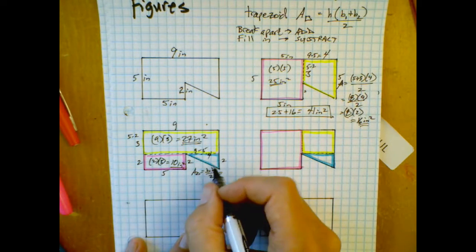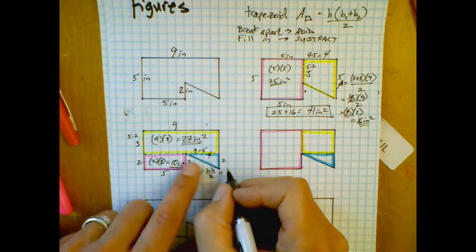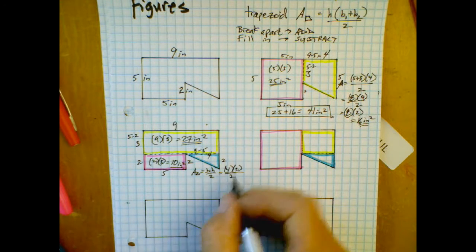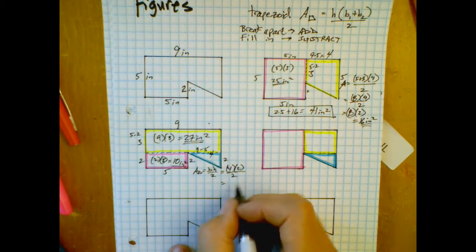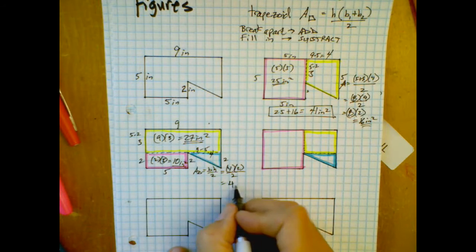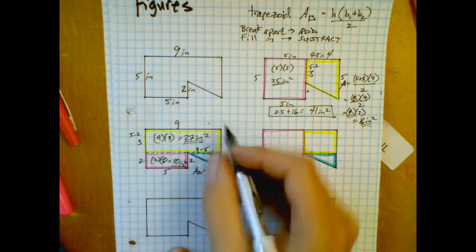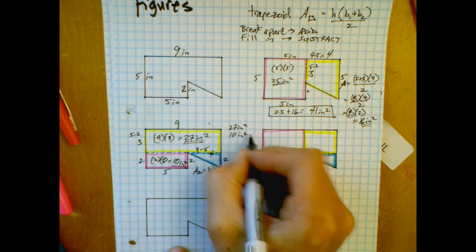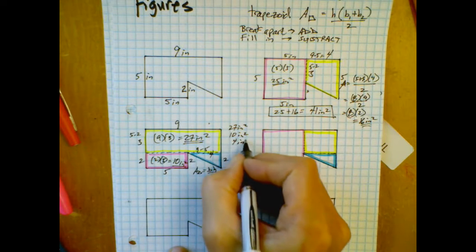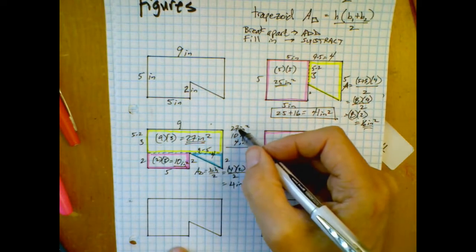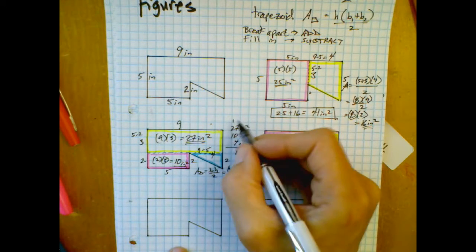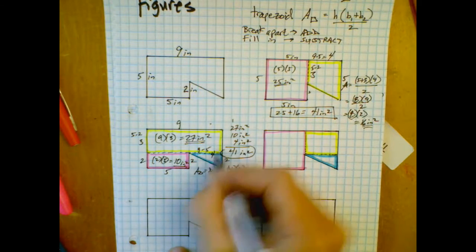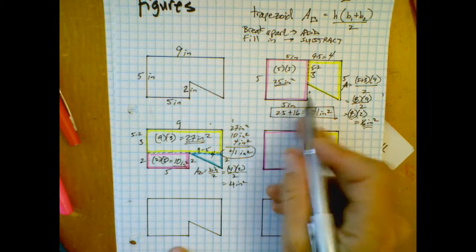So that means I have 4 times 2, all divided by 2. So 4 times 2 is 8. 8 divided by 2 is 4 inches squared. So for this configuration, I have 27 inches squared plus 10 inches squared plus 4 inches squared. When I do that, 7 plus 4 is 11, carry the 1. 1 plus 2 is 3, plus 1 is 4, 41 inches squared. So I get the same result as I did when I divided with the 2 shapes.